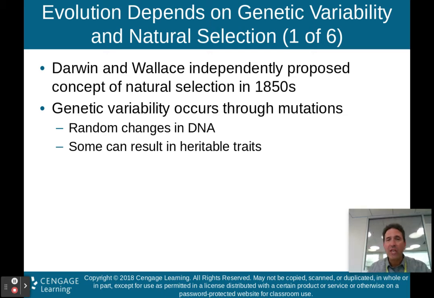Genetic variability occurs because of mutations. What are mutations? They are random changes in DNA, and some can result in heritable traits. That's pretty much what natural selection is, right? We have these mutations that happen in our genes. If a mutation happens to be something that helps an organism survive, then that mutation will make that organism survive better.